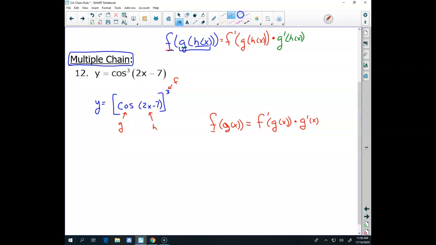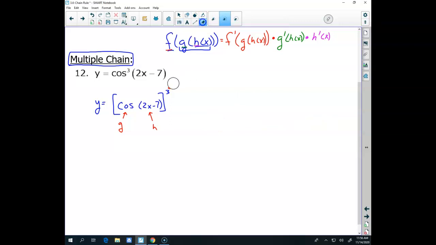And then times the derivative of the inside one, which is h prime of x. So basically, I'm moving from my outermost function, taking the derivative of the outermost function, leaving the inside functions there, and then I take the derivative of the next one that's inside, leaving the next one inside, and so forth.